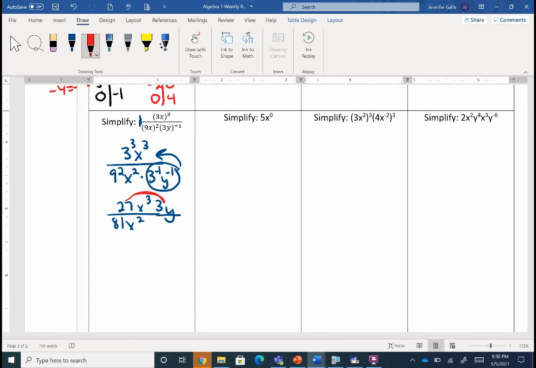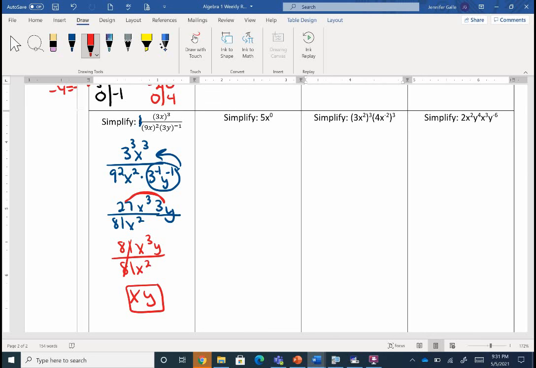So these two pieces up top would give me 81. I have x to the third y over 81x squared. The 81s will simplify. X to the third over x to the second, I subtract those exponents, I get x to the first, and then I just have a y.